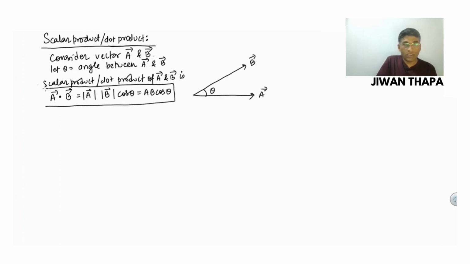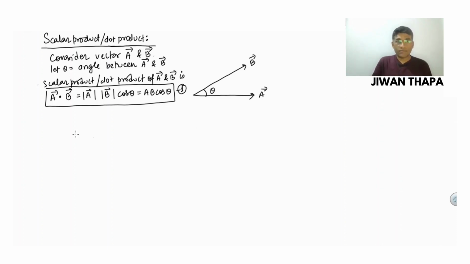Let us call it equation 1. So equation 1 gives the general form of scalar product or dot product of two vectors A and B.